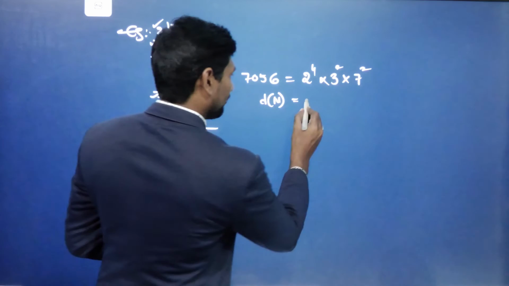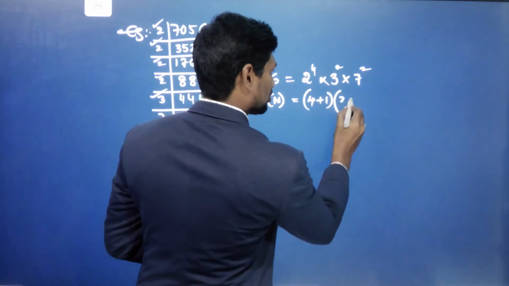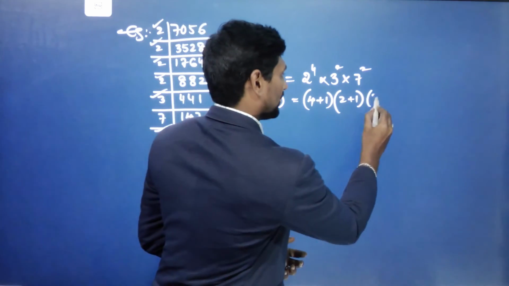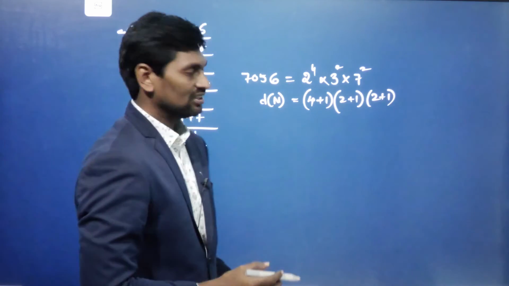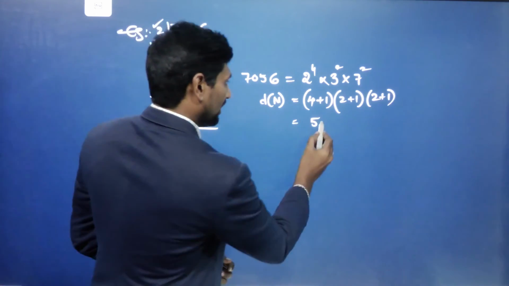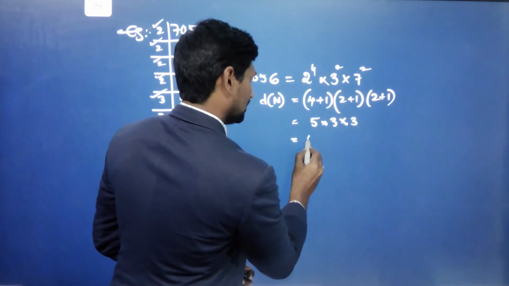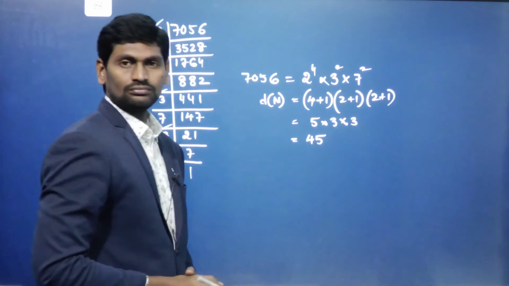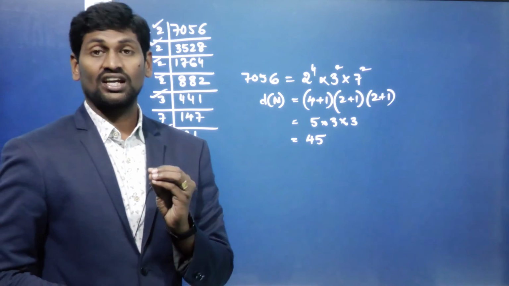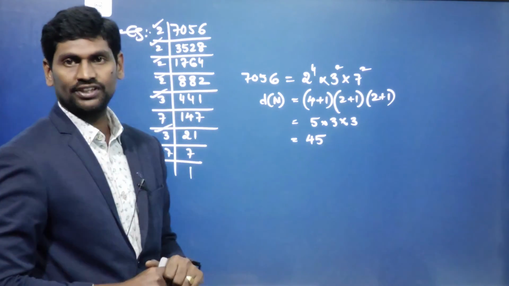What is the first exponent? 4, so 4 plus 1. Second exponent is 2, so 2 plus 1. Third exponent is also 2, that is 2 plus 1. Let us see. 4 plus 1 is 5, into 2 plus 1 is 3 and 2 plus 1 is 3. 3 3s are 9, 9 5s are 45. 45 divisors or 45 factors are there for the composite number 7056.